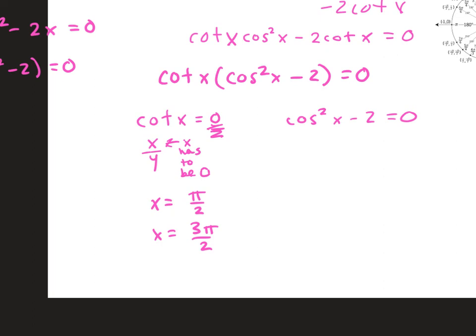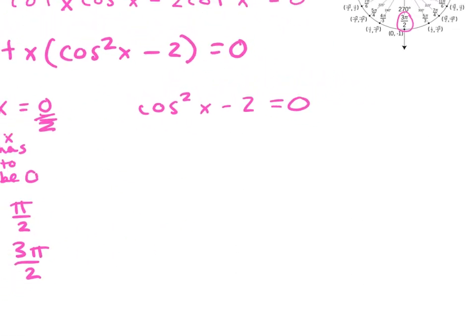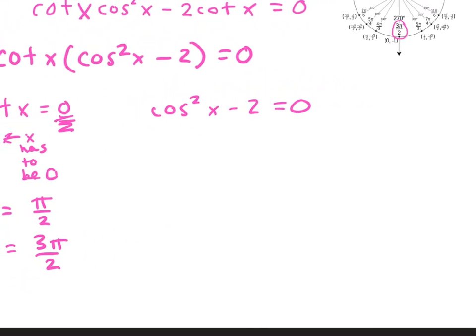So now let's do our cosine squared x minus 2. How do we get cosine all by itself? Add 2, so cosine squared x is equal to 2, and square root. So cosine x is equal to, what do we have to remember when we take the square root of both sides?